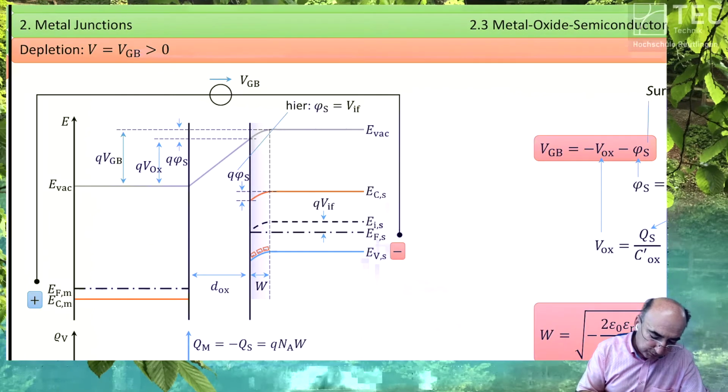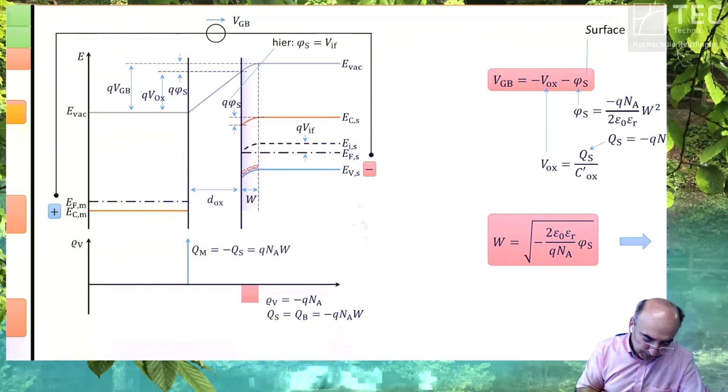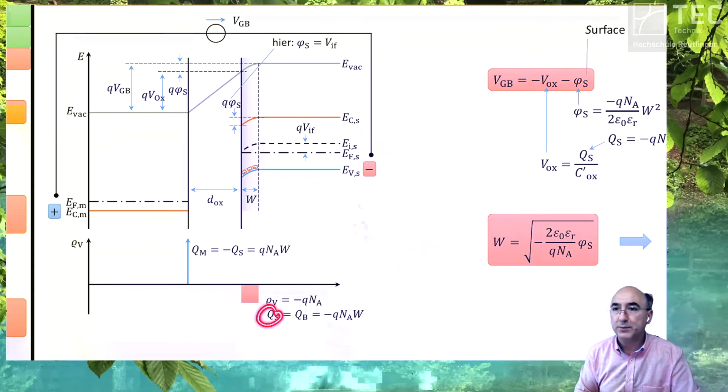Now your full applied voltage is the potential difference in the oxide and in the semiconductor. And again, the charge in the metal is the same as the charge in the semiconductor.